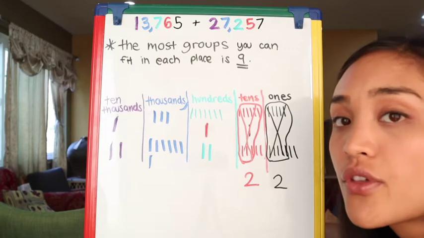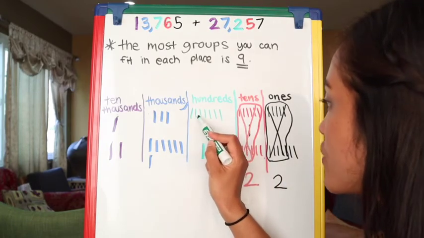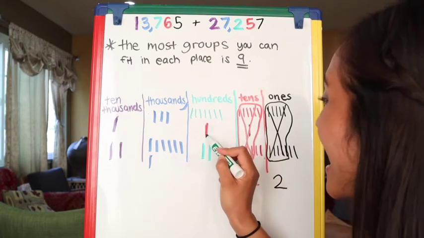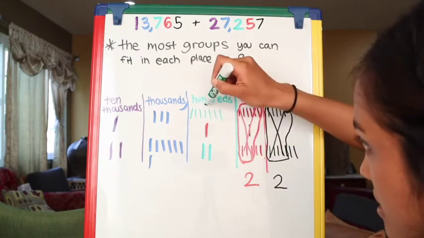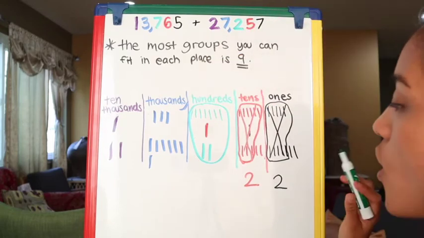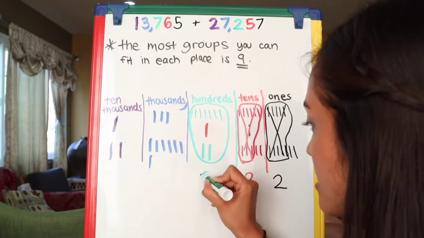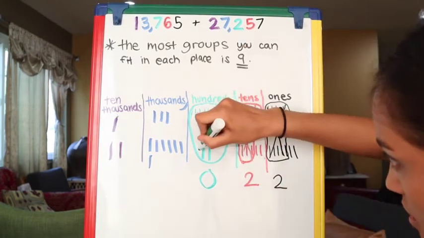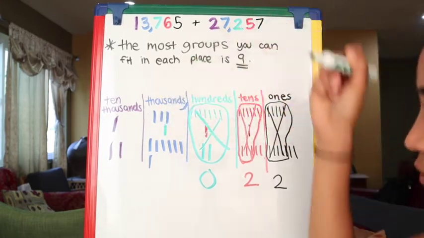Alrighty, moving on to the hundreds place. Same thing, let's try it again. 1, 2, 3, 4, 5, 6, 7, 8, 9, 10. Looks like all of these equal a group of 10 with nothing left over. So I'm going to put a 0 here, and this group of 10, crossing it out, and I'm going to move it right in there.